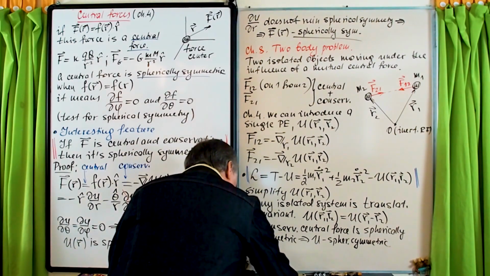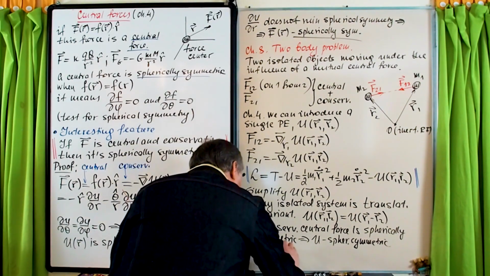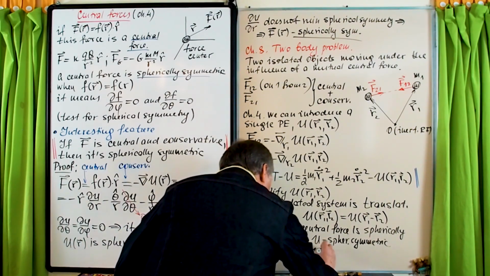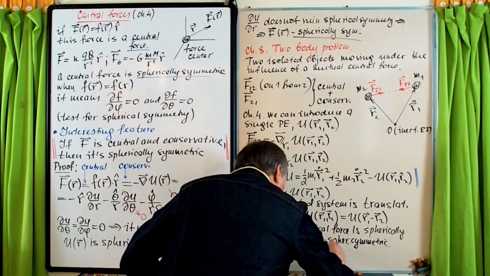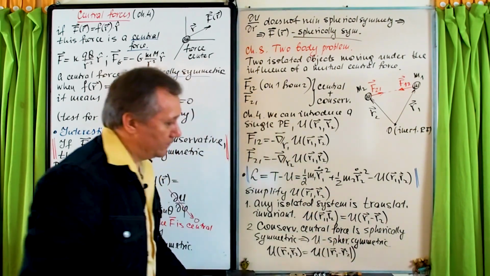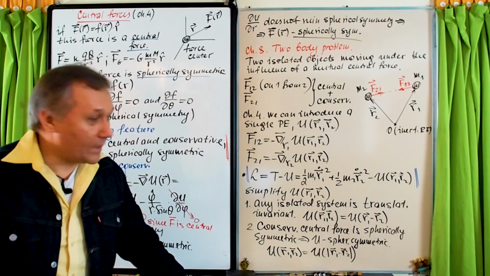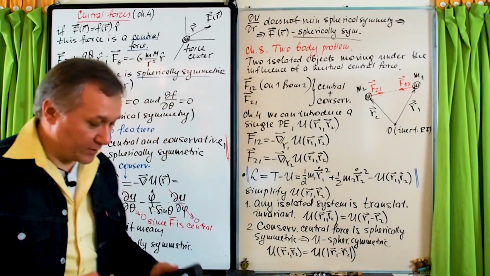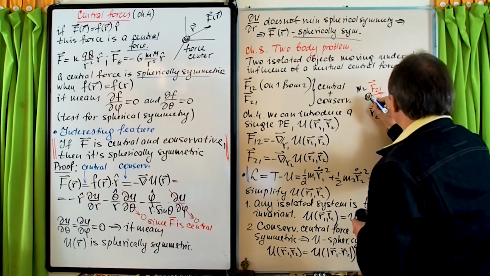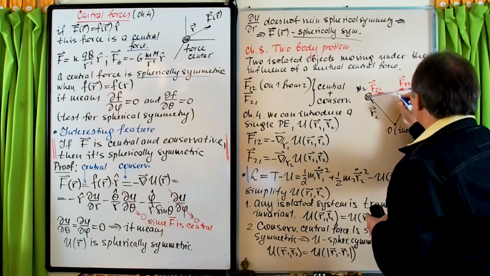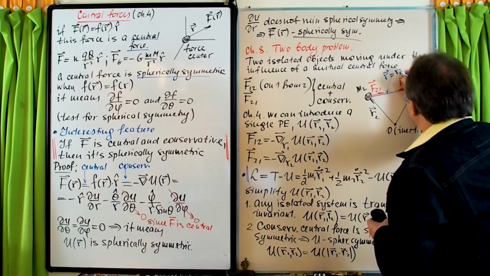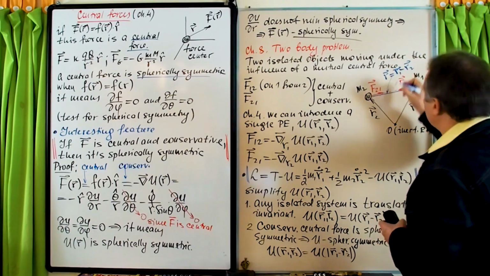So U as a function of R1 and R2, we can write as U as a function of the absolute value of R1 minus R2. And this is the relative position vector. Let's show it on the picture. Let me draw it here. So r equals r1 minus r2.